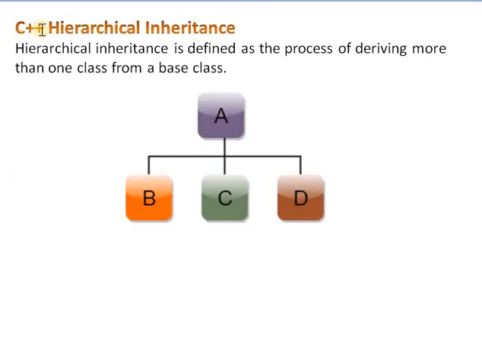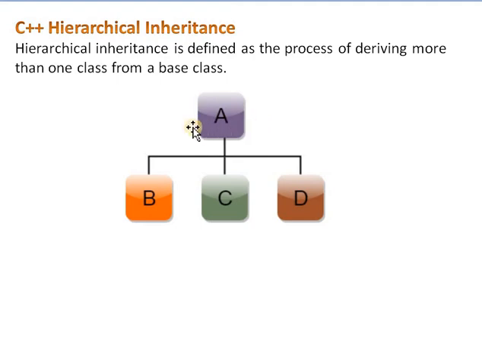And the last type of inheritance is the hierarchical inheritance. Hierarchical inheritance is defined as the process of deriving more than one class from a base class. In hierarchical inheritance, there is one base class and multiple derived classes.